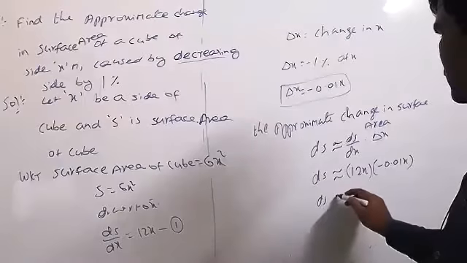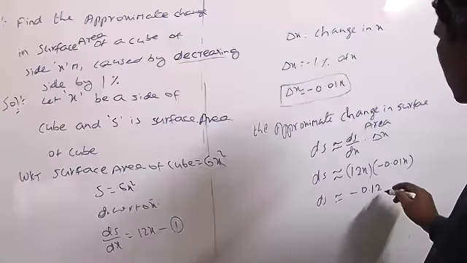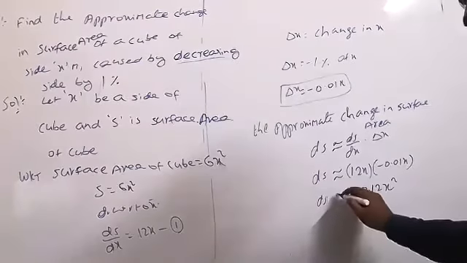So dS is approximately minus 0.12x squared.